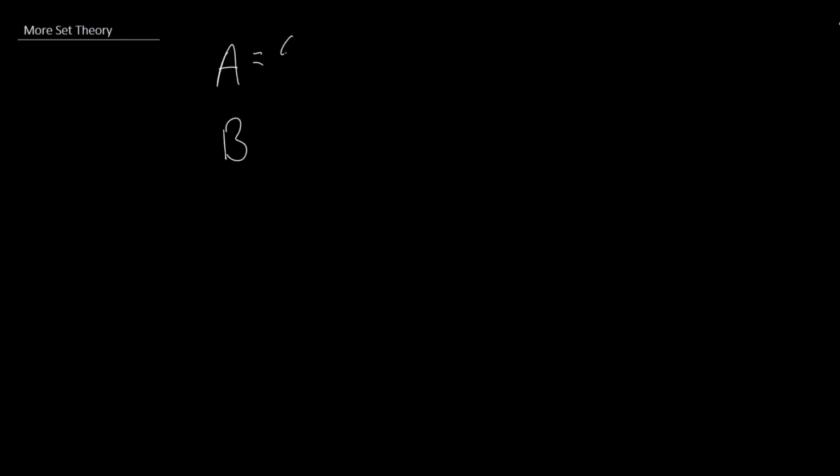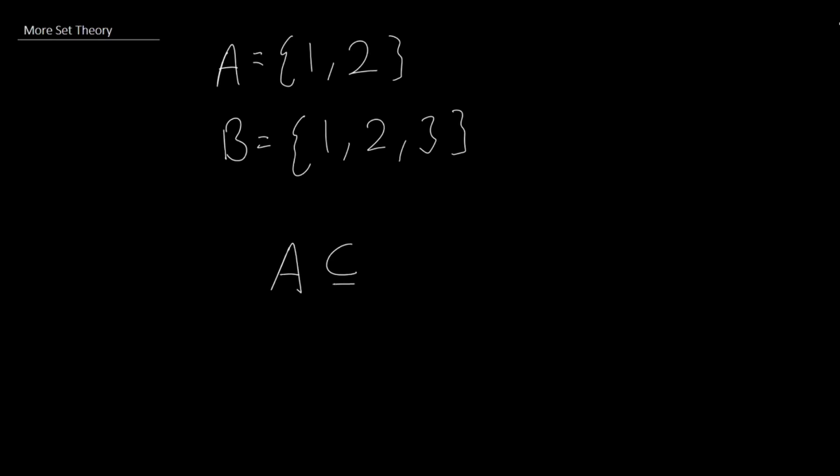So if A is the set of the numbers 1 and 2, and B is the set of the numbers 1, 2, and 3, then A is a subset of B because the elements or the objects inside of A are also inside of B at the same time. Now, this also has a visual representation in terms of a Venn diagram.